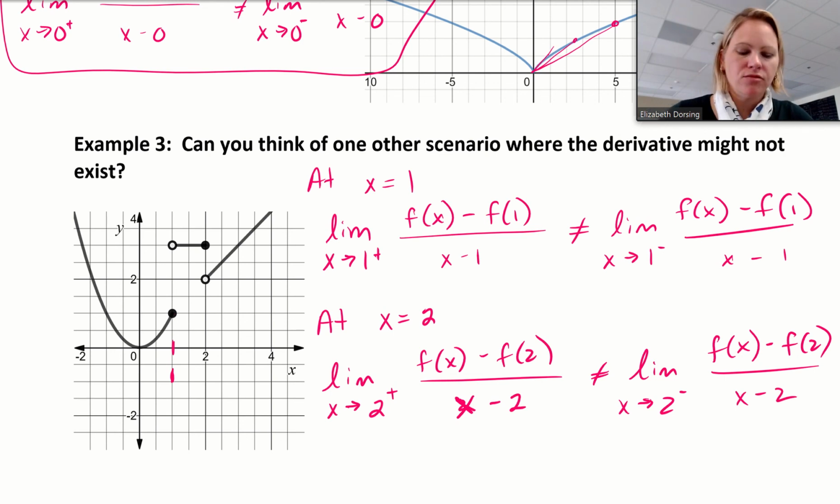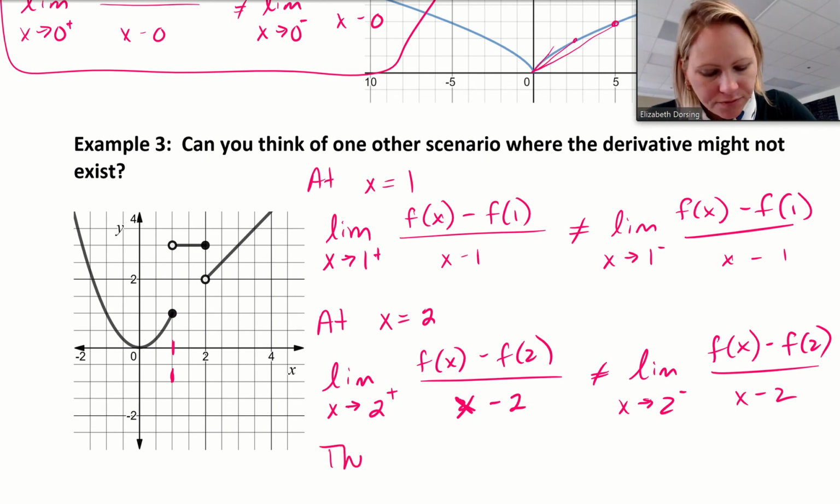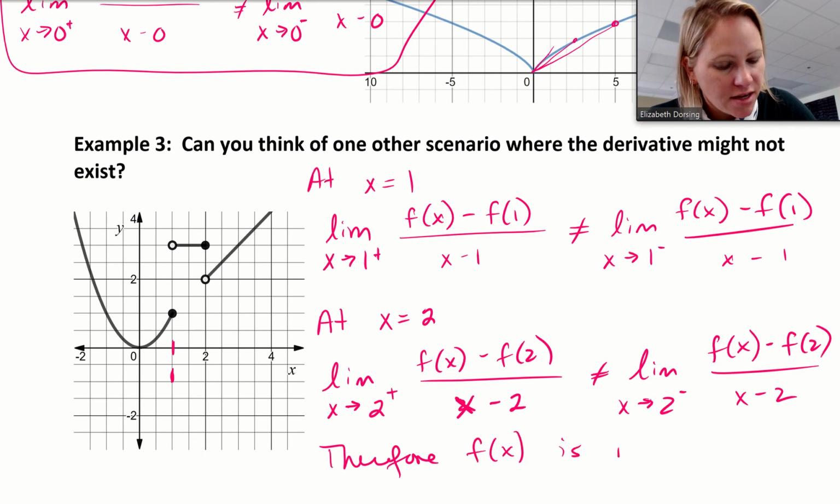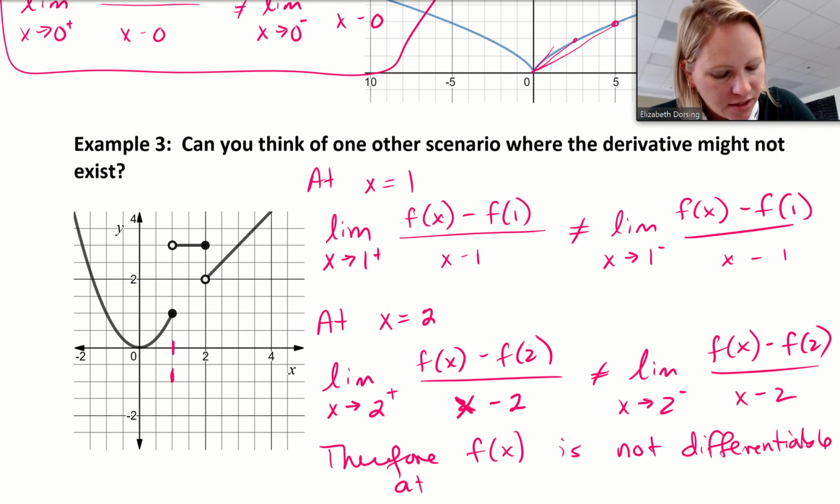So the slopes on the right and the slopes on the left are not the same. Therefore, f of x is not differentiable at x equals 1 and x equals 2.